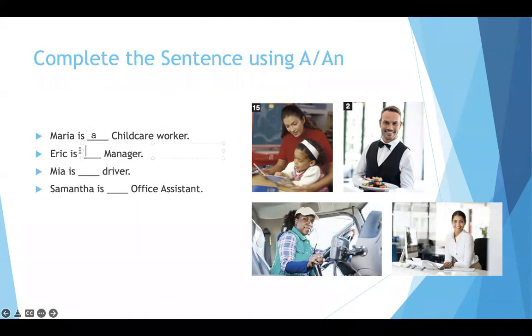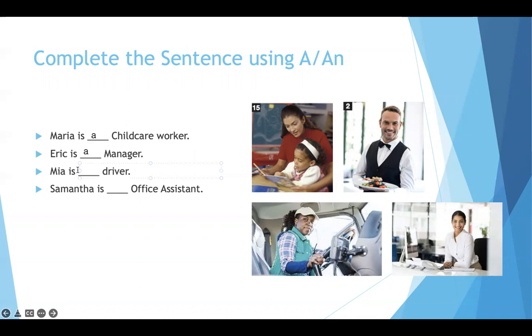Let's try number 2. Eric is manager. Would you say a or an? Here we would say a because manager starts with an M, which is a consonant. All right, number 3, Mia is driver. Would we say a or an before driver?